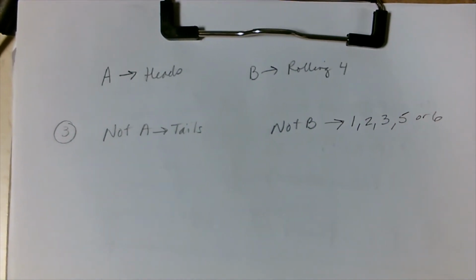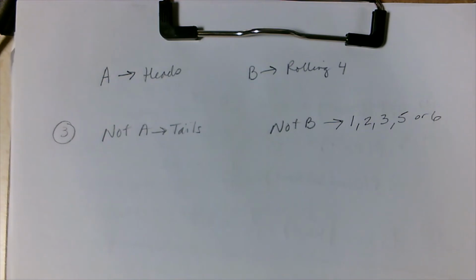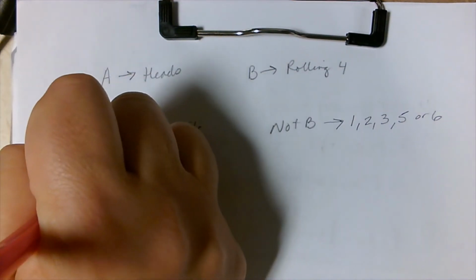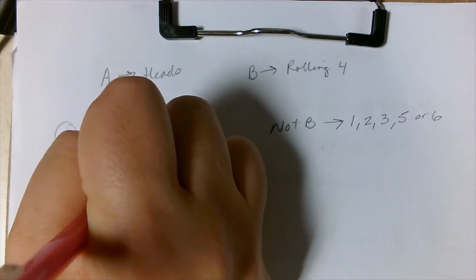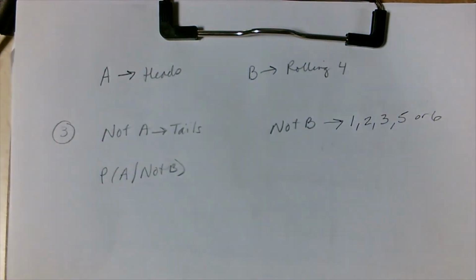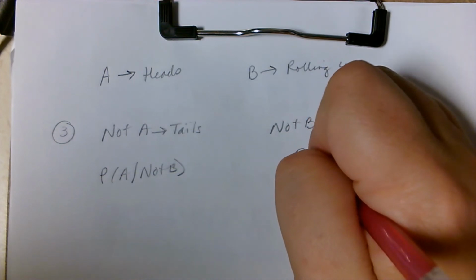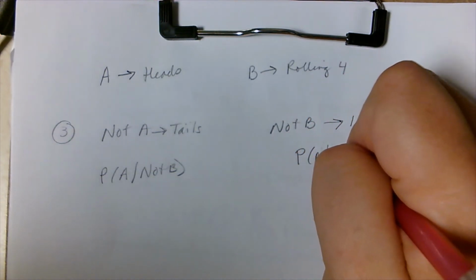In this example, we were asked to calculate the probability of A given not B and the probability of B given not A.